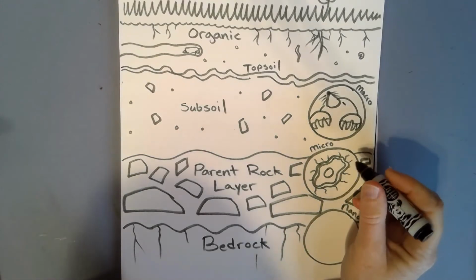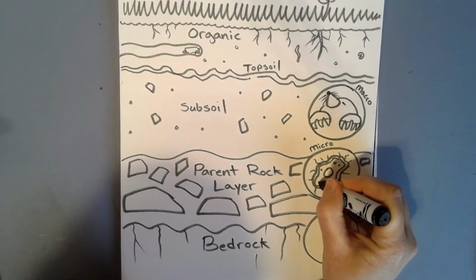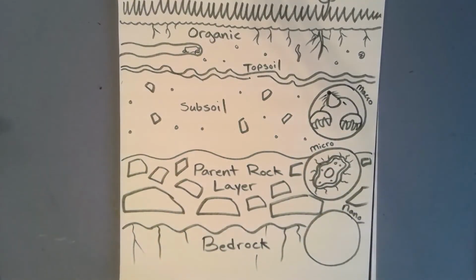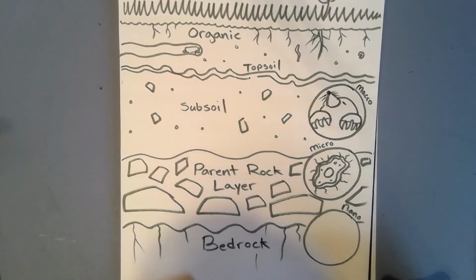Then the central part of the cell called the nucleus, and some organelles. You'll learn more about that in 5th grade. All right, but bacteria are a perfect example. We can't see them with our naked eye because if we could, we'd be terrified all the time because they're all around us. But you can use a light microscope to see these.